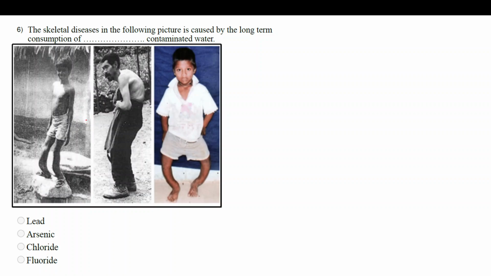Here, if we talk about chemicals which can damage our skeletal system or our bones, that is due to excessive fluoride contamination. It has the tendency to even make the bones brittle in nature.